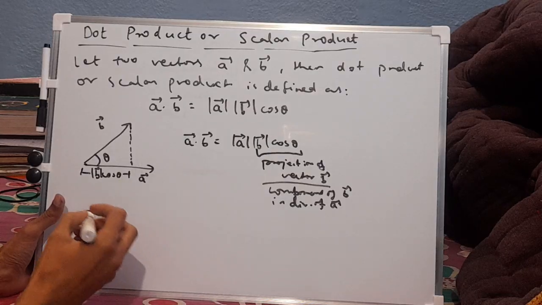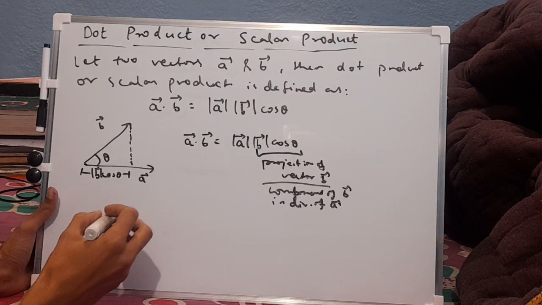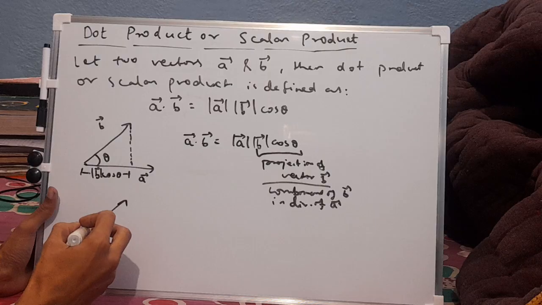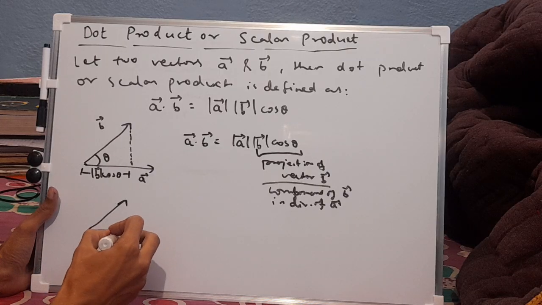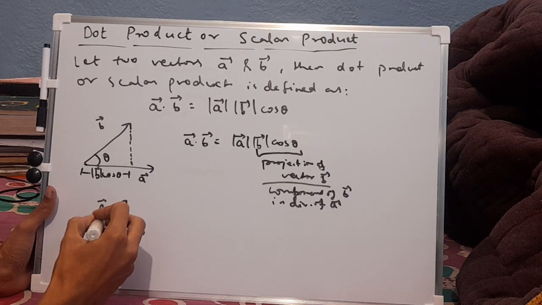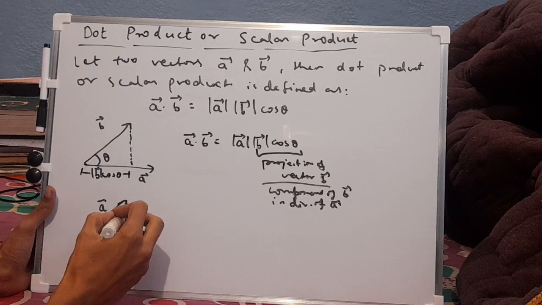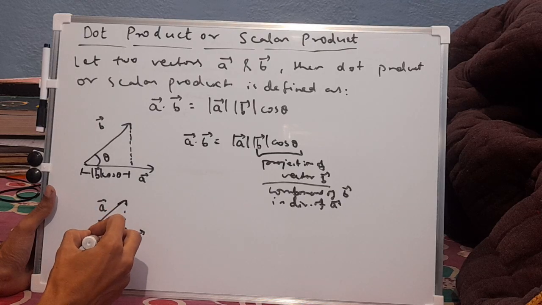Also we can write it as, suppose this is vector A and this one is vector B and the angle between them is theta, then we can write this as A cos theta.